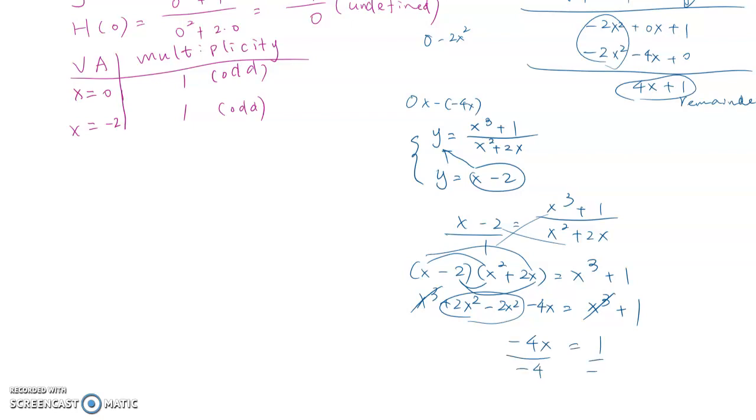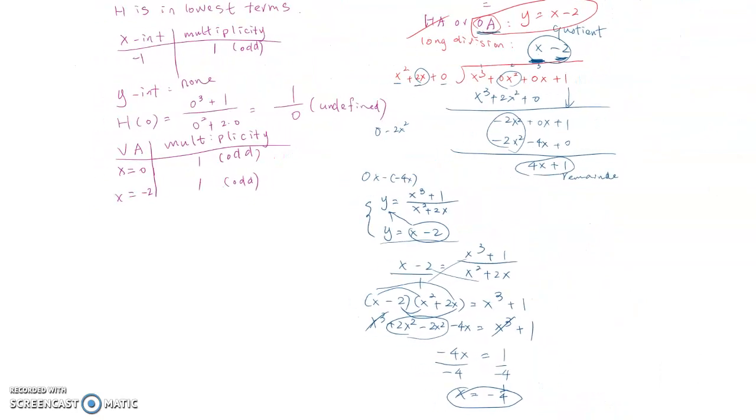So solve the equation, you have x equals negative 1/4. That means when x equals negative 1/4, your graph will intersect the oblique asymptote. So the two graphs will intersect at x equals negative 1/4.